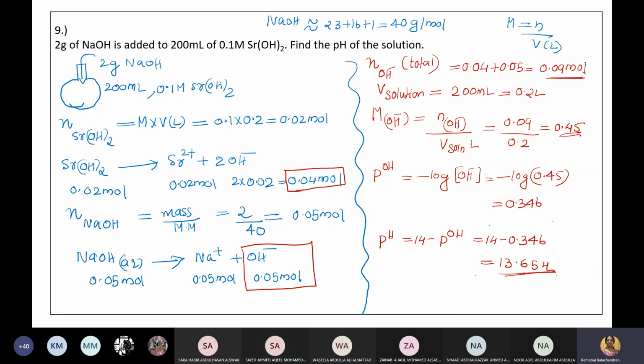You have to divide by molar mass. You said you have to find the molarity first, my dear. Molarity means you need the number of moles. So the number of moles will be 0.05 over 0.2, 0.2 over 40.